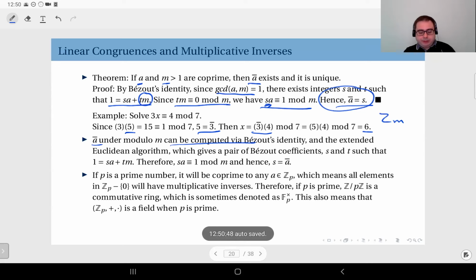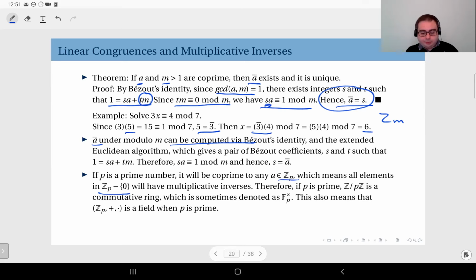Now, an important observation here is if P is a prime number, and that is the modulo base, let's say, it will be co-prime to any A in this set, Z sub P, obviously, which means all elements in this set, Z sub P minus 0, because 0 never has a multiplicative inverse.